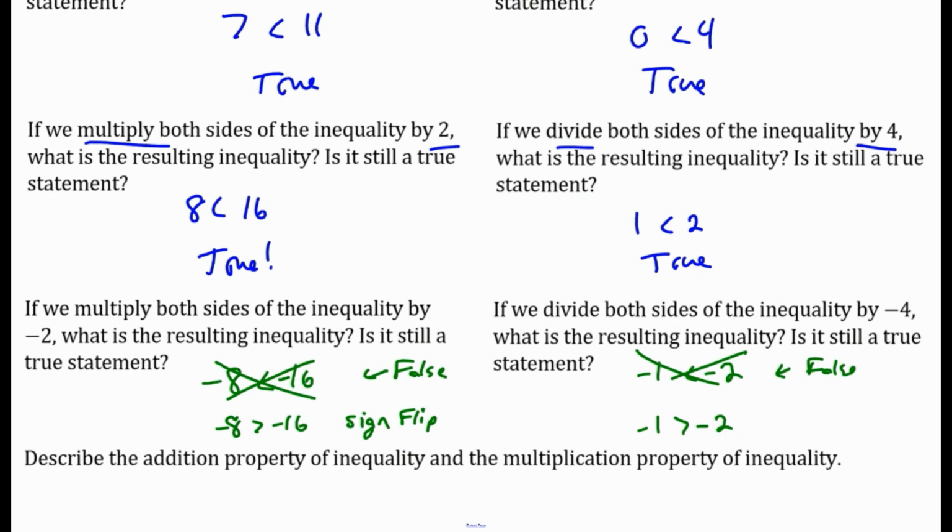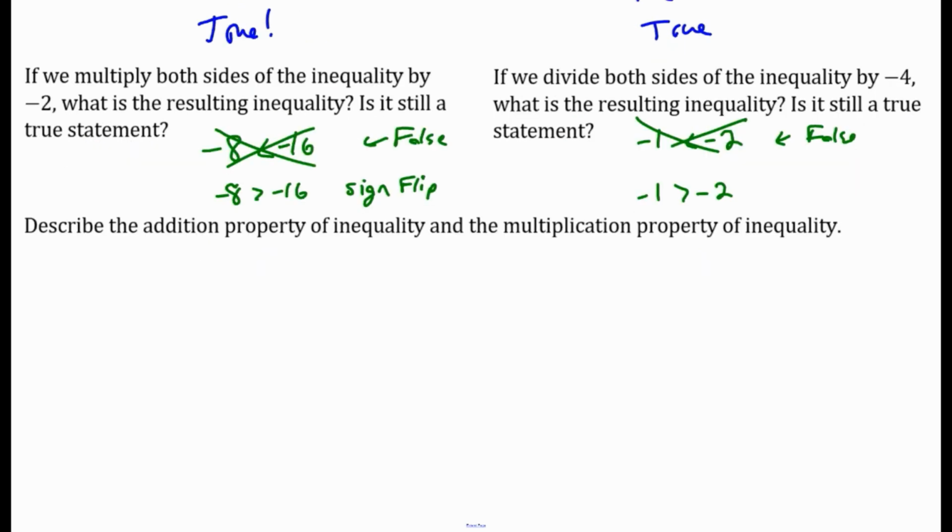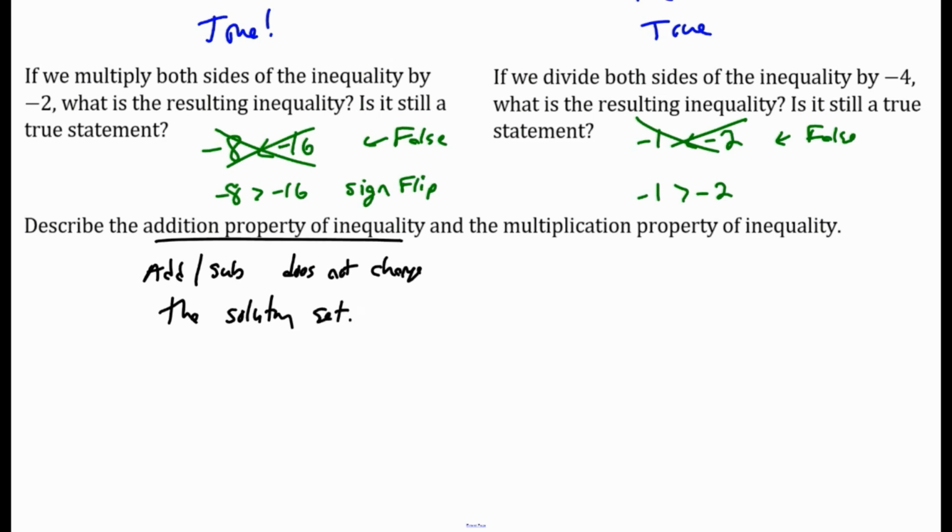So, the addition property of equality, same thing. The addition property, we can add, subtract, good to go. Adding and subtracting does not change the solution set. Multiplying and dividing, though, we got a warning. We need to be careful working with negative numbers.